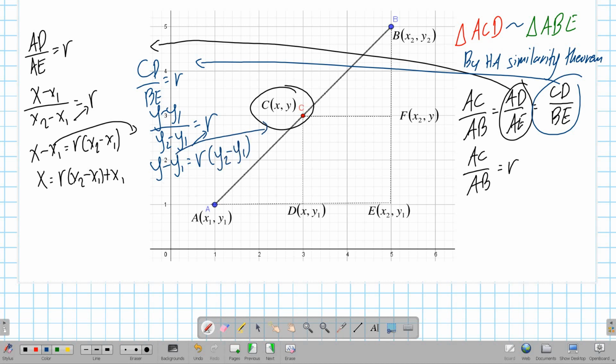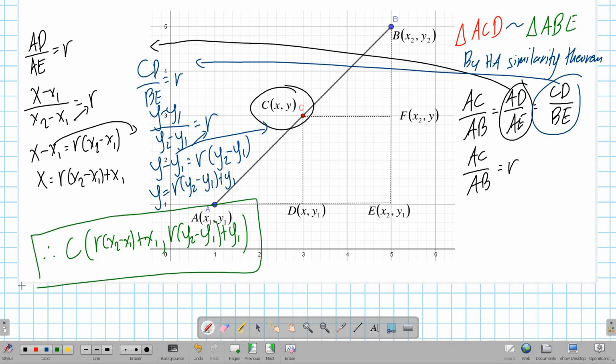If we transpose, y equals R times y sub 2 minus y sub 1, plus y sub 1. Therefore, the coordinate of the point C that divides your line segment is R times x sub 2 minus x sub 1 plus x sub 1, comma, R times y sub 2 minus y sub 1 plus y sub 1. That is the formula.